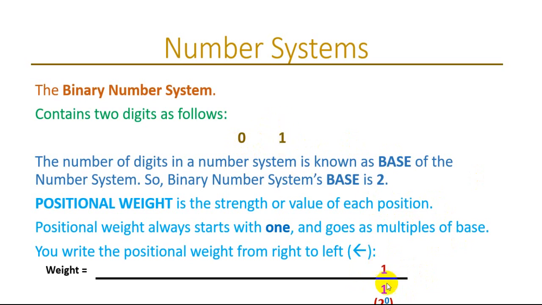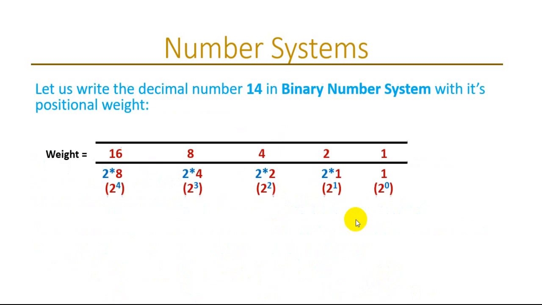Actually, that is 2 to the power 0, and anything to the power 0 is 1, but let's not worry too much about that. Now we go in multiples of 2. The next one is 2 into 1, which is 2. Again, 2 into 2 is 4, into 2 is 8, into 2 is 16. If you go further, into 2 is 32, into 2 is 64, into 2 is 128. It will go on like that. So these are the weights, how you write the weightage for the binary number system.